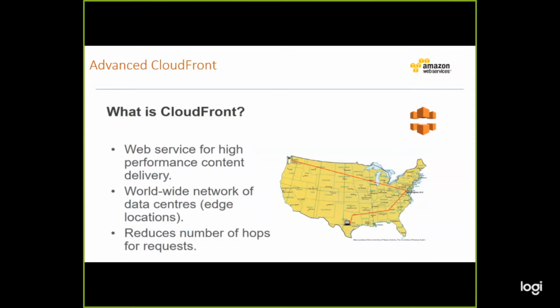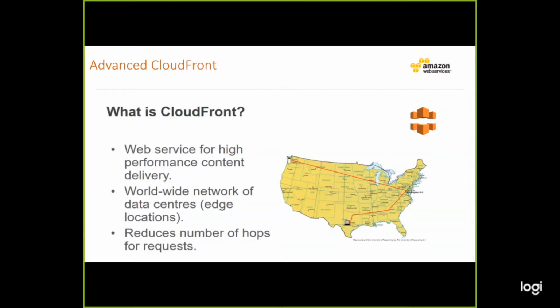Now, what it really is, it's a worldwide network of data centers. So we have multiple data centers, which we call edge locations, and these are used to help AWS reduce the number of hops in requests. If you don't know what hops are, please refer to the slide notes. I had a quite detailed definition of the difference between these.